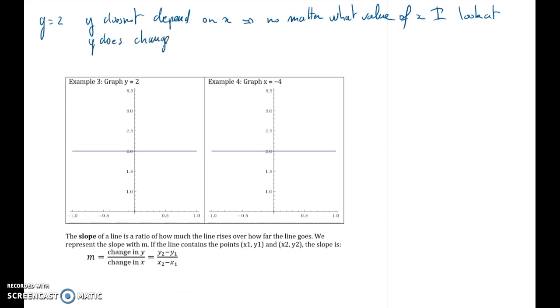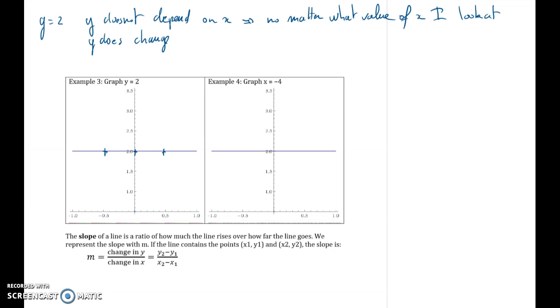So when x equals 0.5, y equals 2. When x equals 0, y equals 2. When x equals 0.5, y equals 2, etc. Therefore, when I graph my line, I get a horizontal line.